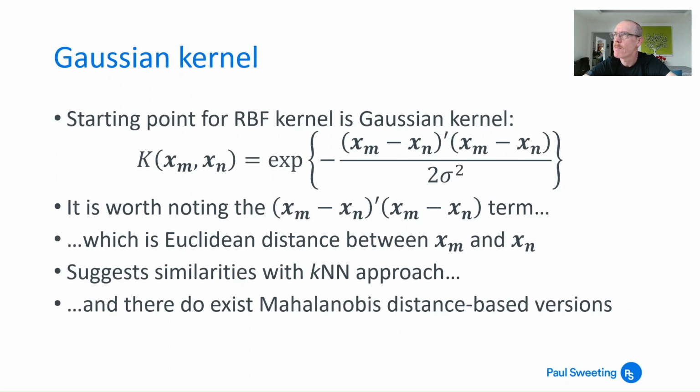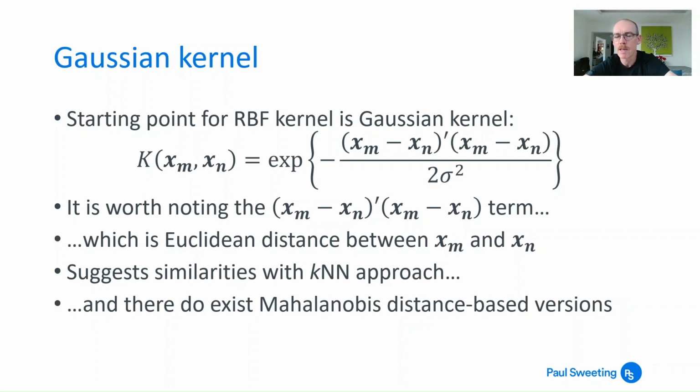The sigma kind of represents here the variance between the observations. So although it's kind of trivial because we're not going to be using the Gaussian kernel itself, that's kind of what it represents. Now, it is worth noting that that term, (xm minus xn) transpose (xm minus xn), is the Euclidean distance between xm and xn, which does suggest some similarities with the KNN approach, and there are some Mahalanobis distance-based versions of this.